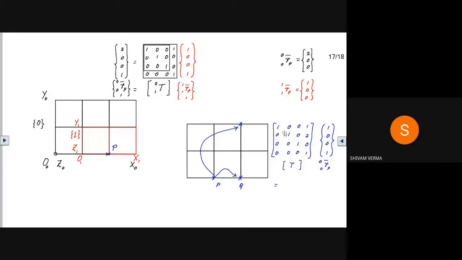So it becomes 1 plus 0 plus 0 plus 1. That is 1 plus 1, that is 2. Then you have 0 plus 0 plus 2, so again you have 2. Then you have 0 plus 0 plus 0 plus 0. And finally this will be 1.